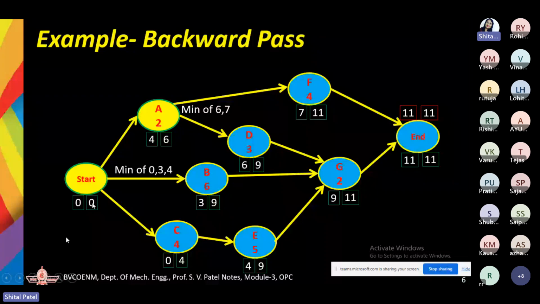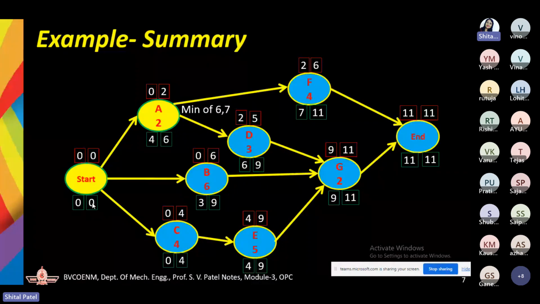Now, in the next one, you will get the summary of both the forward pass and the backward pass. You can see now. Okay. Now, on the basis of these, the path which is having both the earliest and latest time the same is called the critical path.